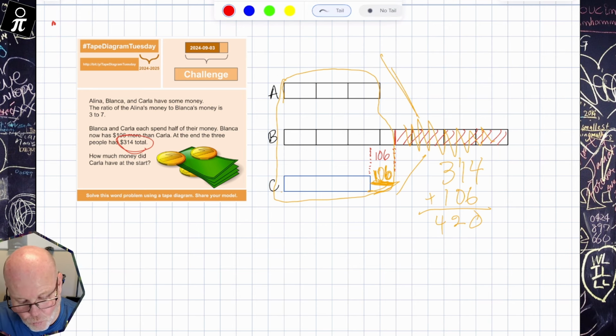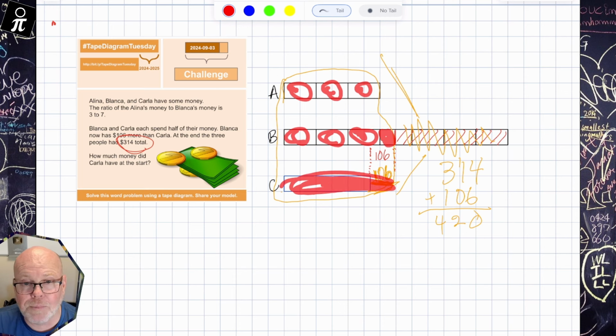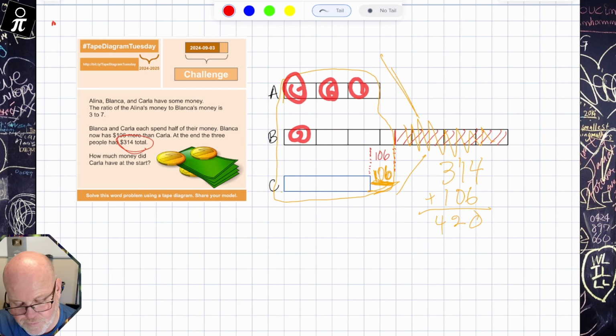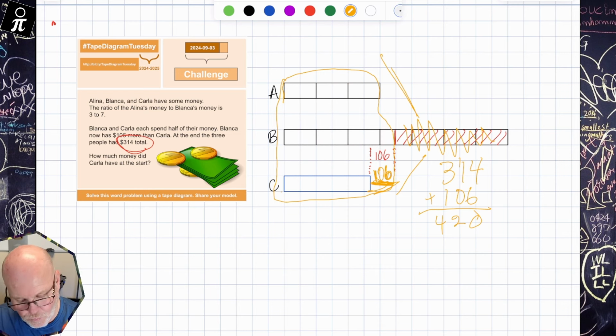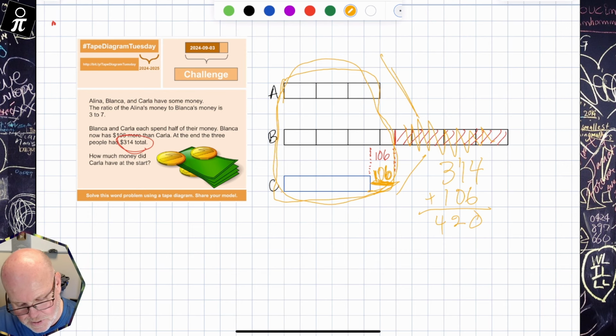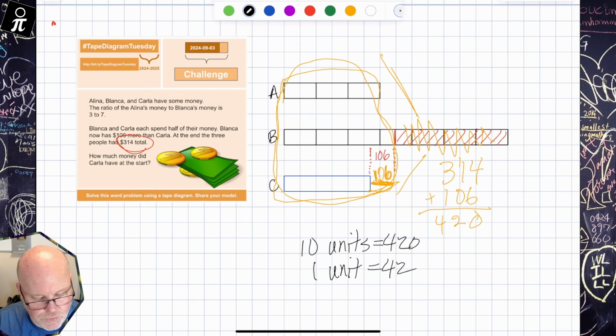That's going to be 1, 2, 3, 4, 5, 6 and a half. But then down here represents another 3.5. So we have 1, 2, 3, 4, 5, 6, 7, 8, 9, 10 units. So those 10 units represent $420. So 1 unit must equal $42.